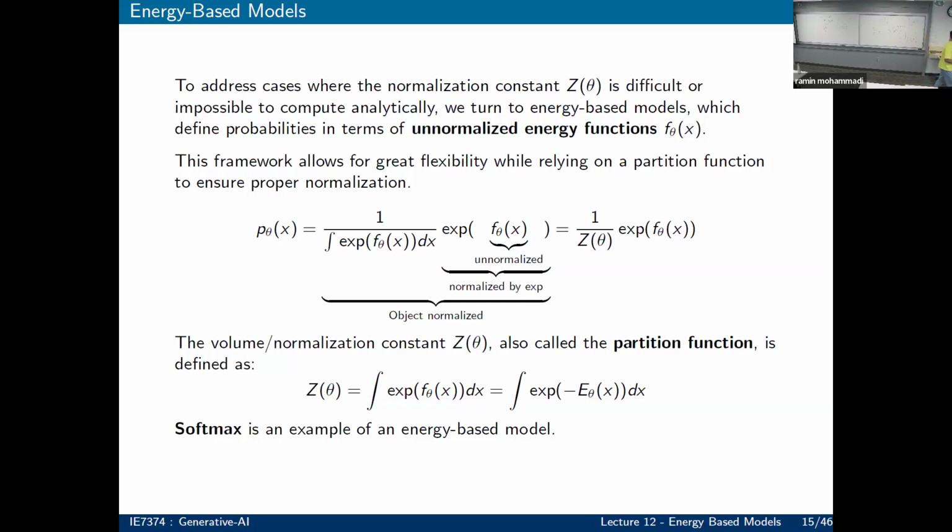Now, why do we call it energy? You can call it whatever you like, but the idea is that we want to ensure that whatever we predict for a higher likelihood, if the data is more likely, we want that value to be higher, and if your data is less likely, you want the value to be lower.